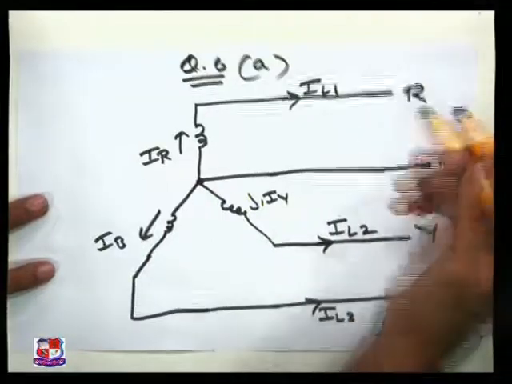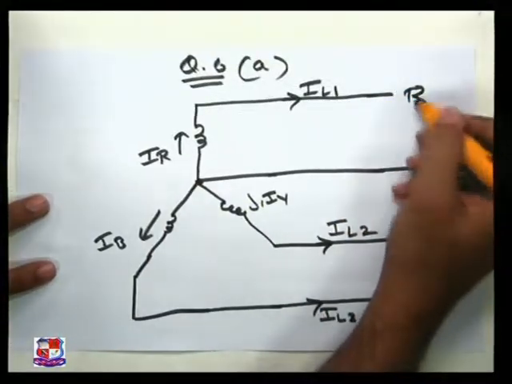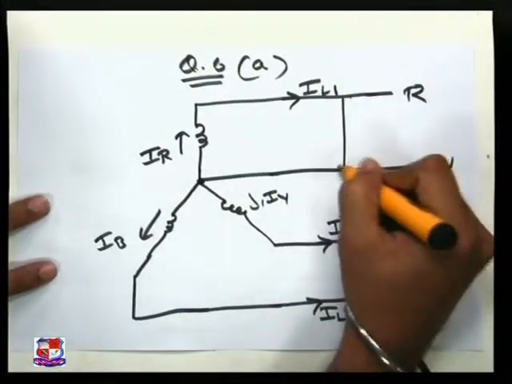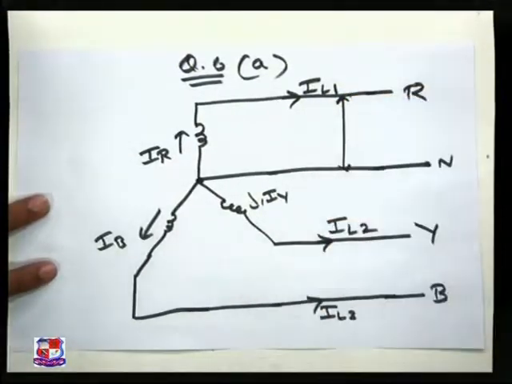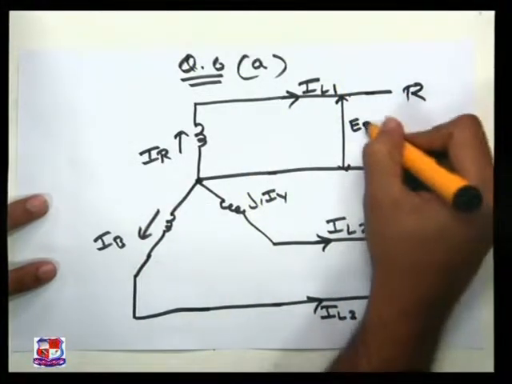Next, between R and N, that voltage I am denoting as phase voltage, ERN.